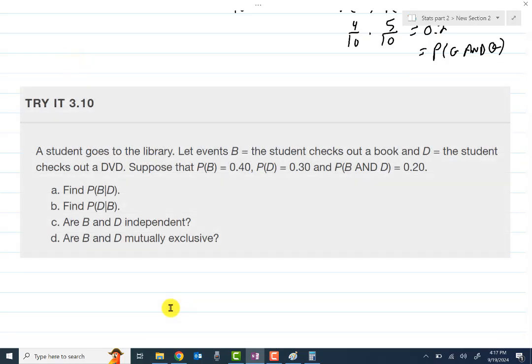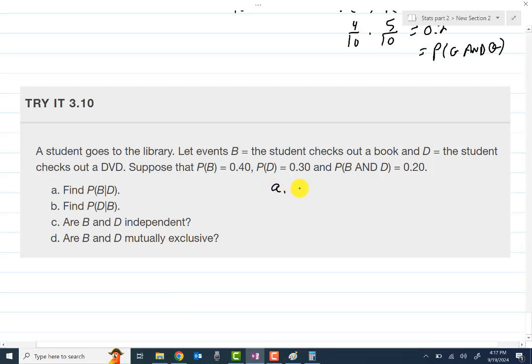All right, a student goes to the library and they give the probability of whether that student will check out a book or a DVD or both. So let me use the formulas on these problems.